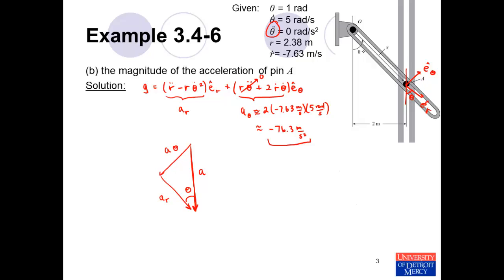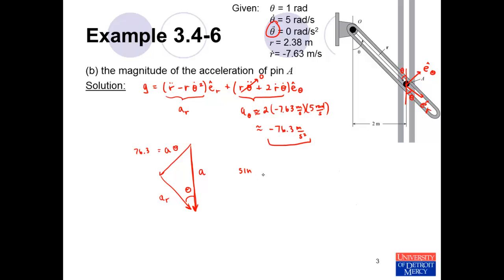You can sort of imagine alternate interior angles or something like that. And so again, we know this side of the triangle. We know the angle, and so we can use geometry to find the hypotenuse, to find the magnitude of the acceleration.